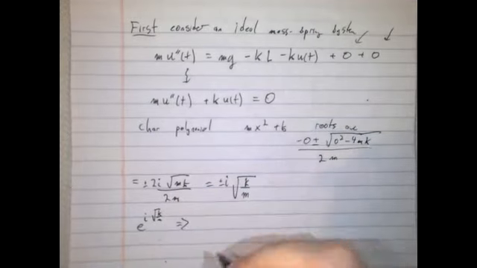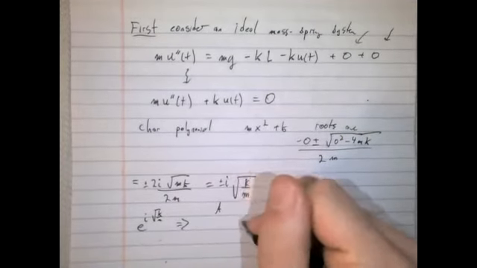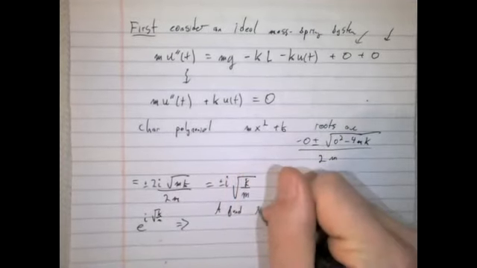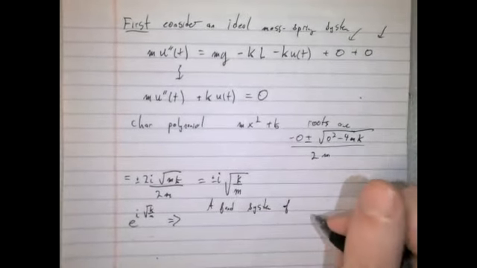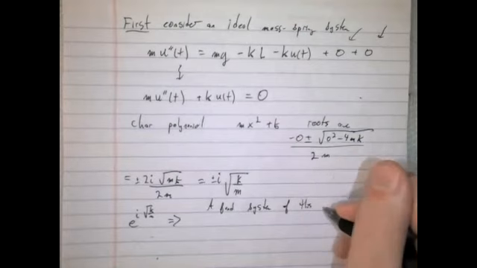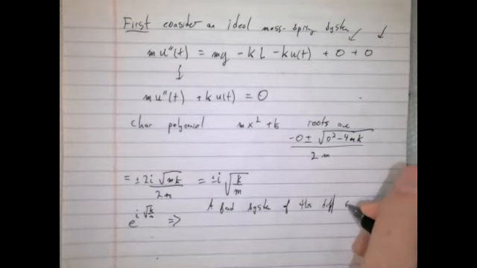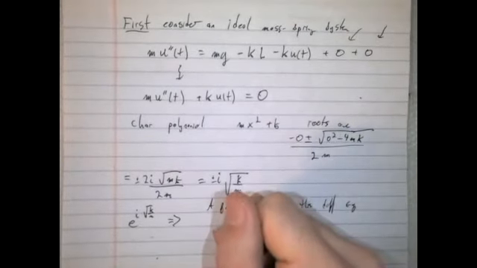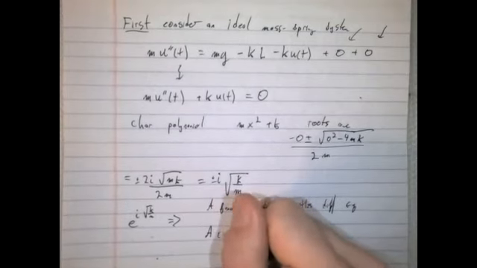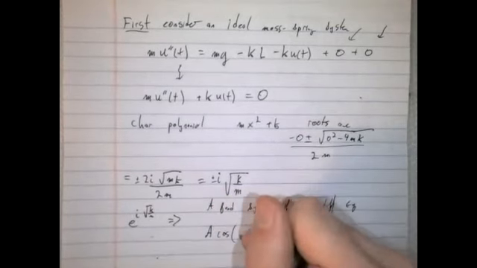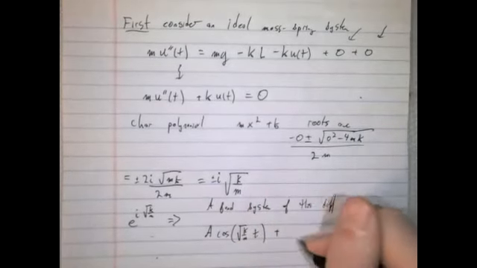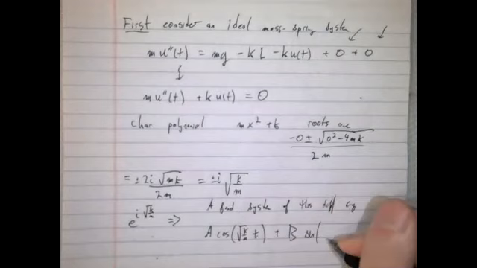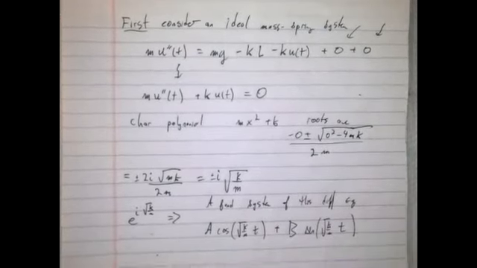So this implies that a fundamental system of this equation is given by a cosine of root k over m times t plus b sine of root k over m times t.